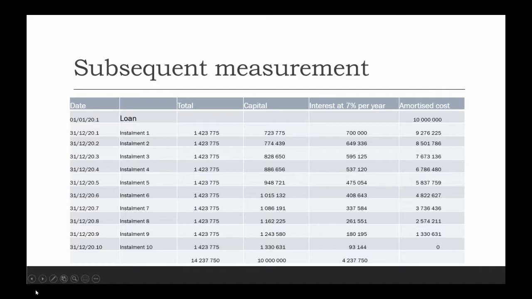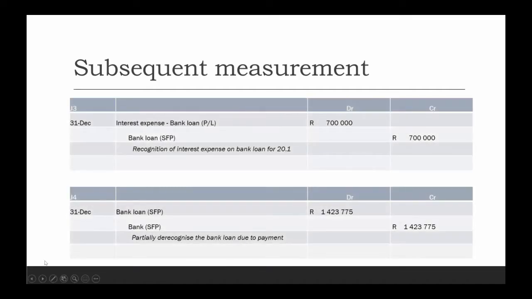So how you will recognize this in your journals will be as follows. So we would debit your interest expense, and then we would credit your bank loan. So this is just to recognize the interest expense for the year. Then we would debit your bank loan to decrease the liability, and then credit your bank account to ensure the payment.